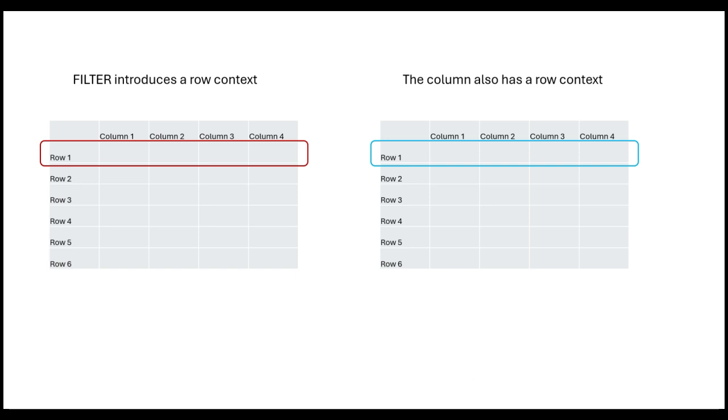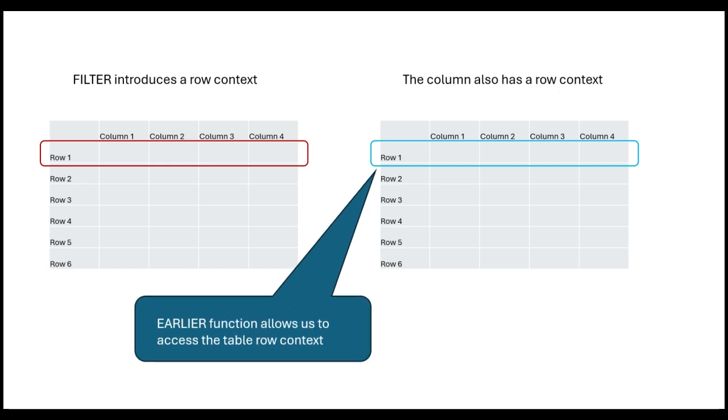Now keep in mind that we need to create this FILTER function within the table itself as a calculated column. With that comes something else which is less noticeable, and that is that the column itself also has a row context. Because this is not a measure, it is a calculated column, the column is defined physically against the table, and the table has physical rows. For that reason, there is automatically a row context defined at the column level.